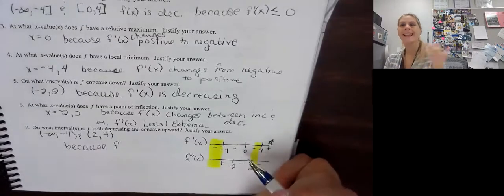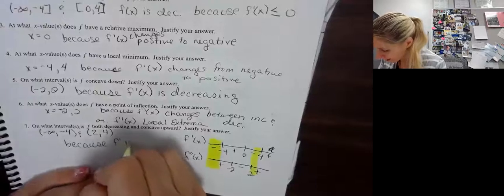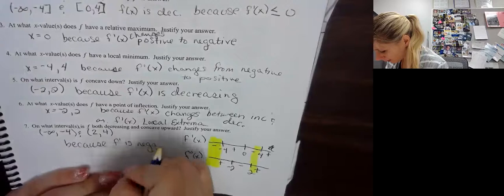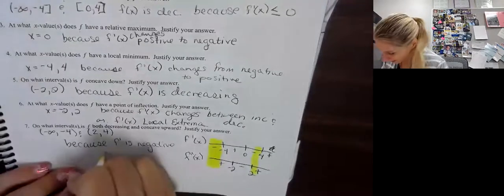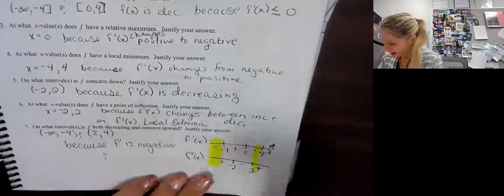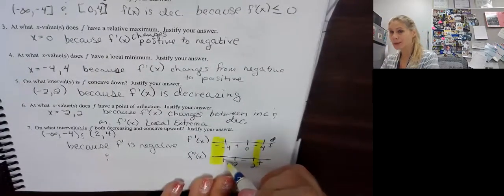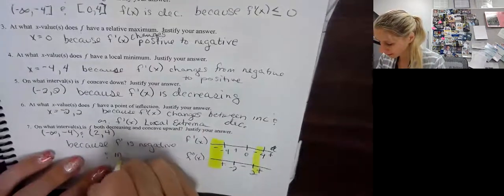It means that it's increasing. So f prime is negative, and like I said, this is concave up, but how do we know it was concave up? We know it's concave up because f prime is increasing.